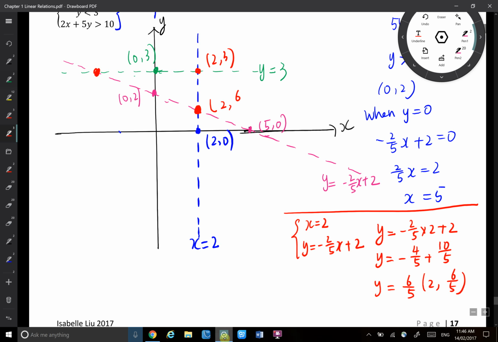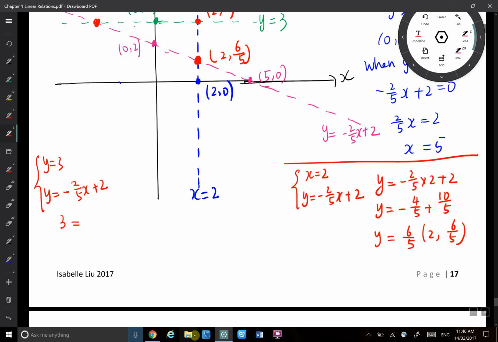Okay, so 2, 6 over 5 will be this point. 2, 6 over 5. Okay, for the other one, this pink and the green one will be the intersection. So y equals 3, y equals -2 on 5x plus 2. So y equals 3, 3 equals minus 2 on 5x plus 2, 1 equals minus 2 on 5x, and x will equal minus 5 on 2.